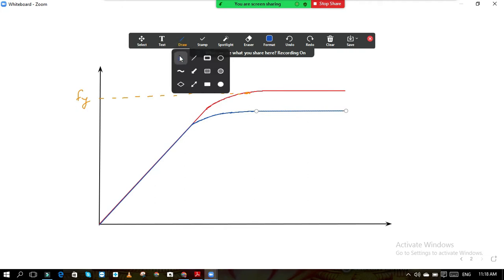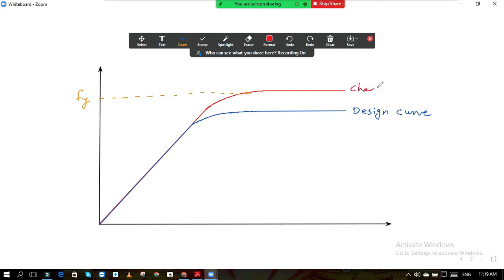So this is your design curve. This curve is used for the design, and this is your characteristic curve.